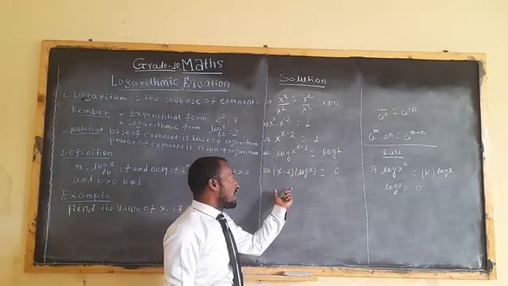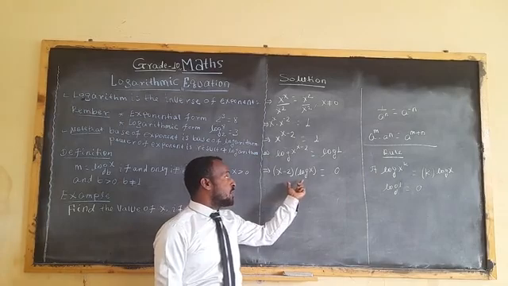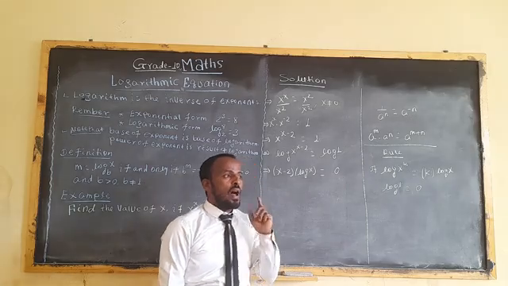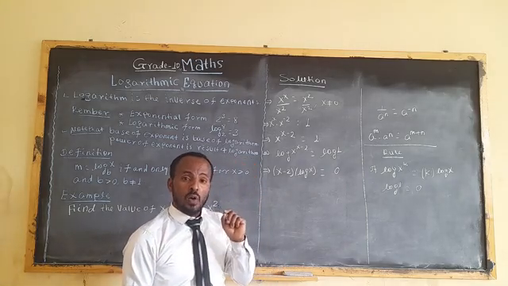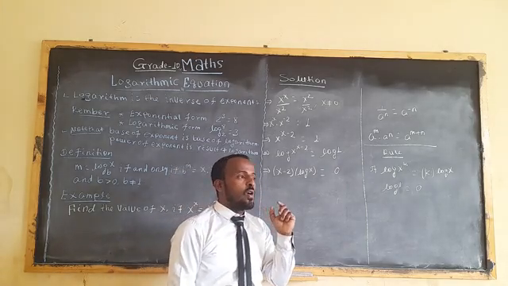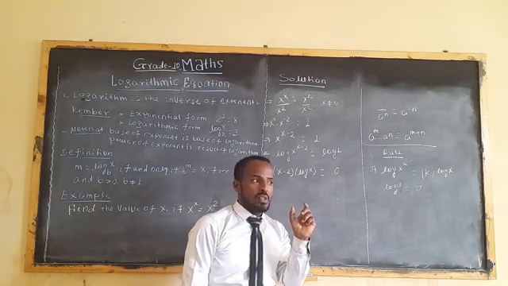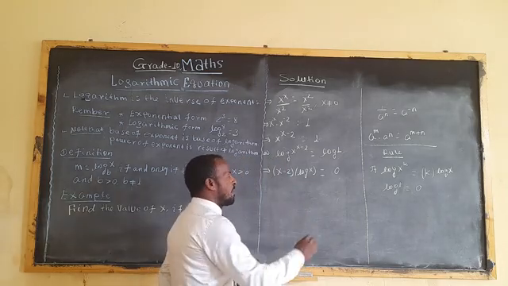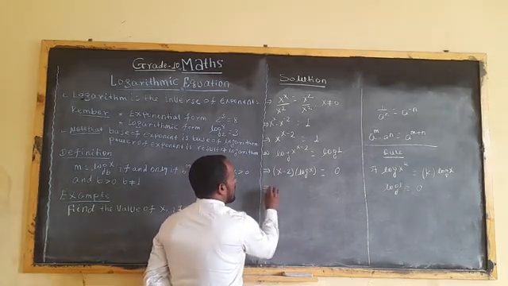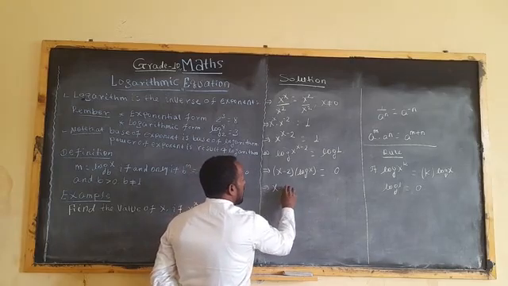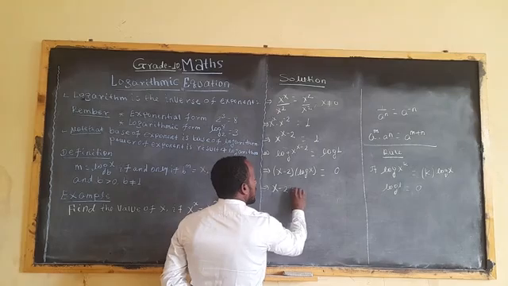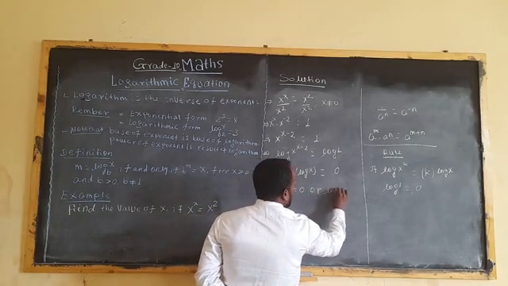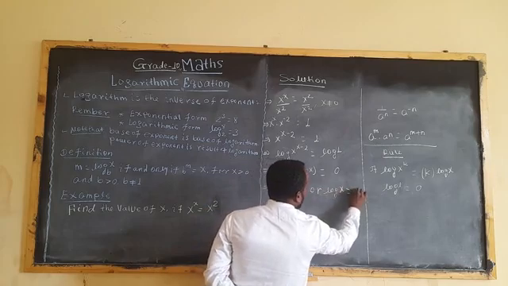Now as you observe here, the product of two numbers becomes 0 if and only if one of the factors is 0. Having that in our mind, let us do x minus 2 equal to 0, or logarithm of x equal to 0.